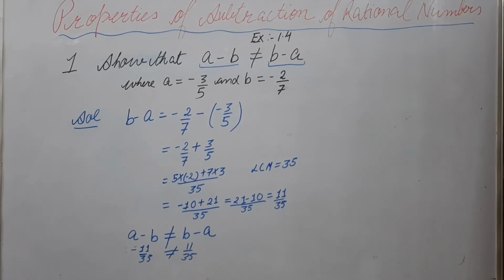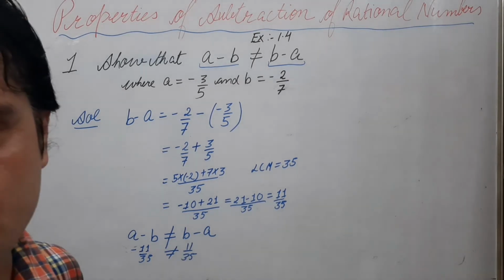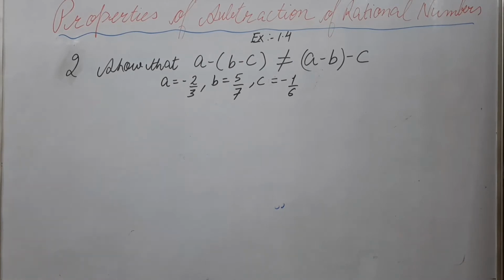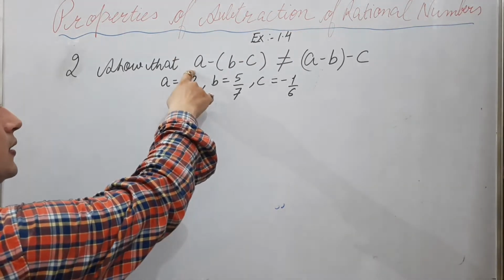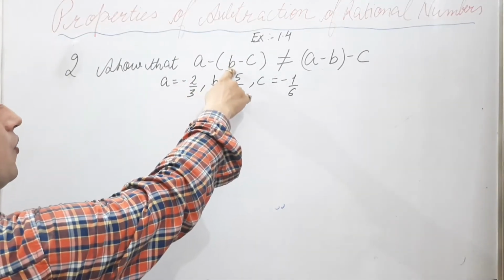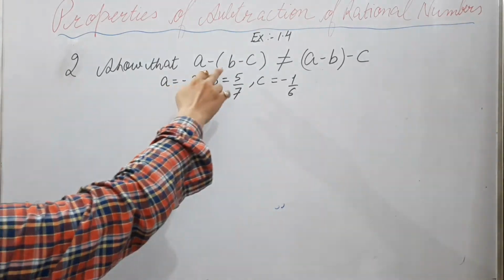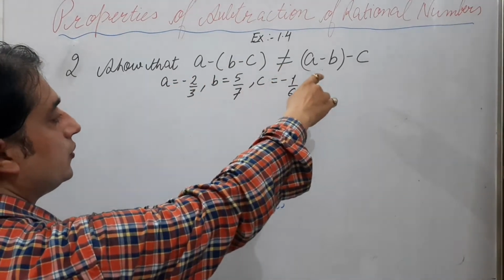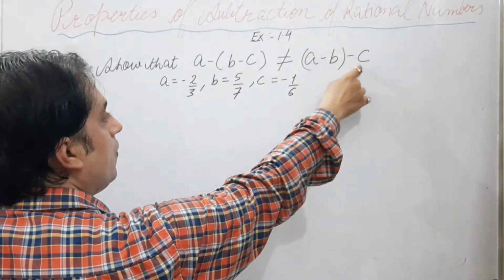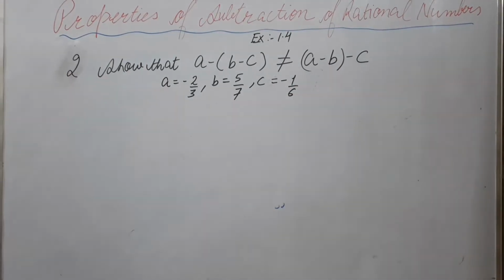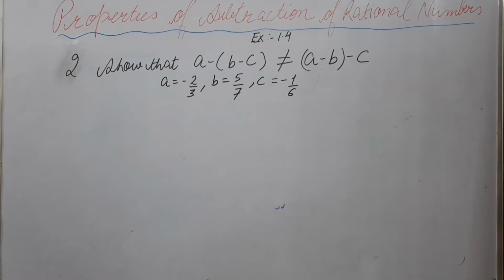Let's take another question. Question number 2. So in the second question, show that the subtraction of b minus c from a is not equal to subtraction of c from the subtraction of a minus b.